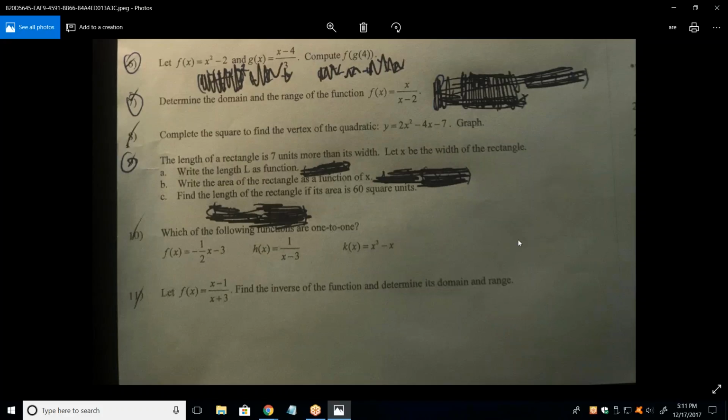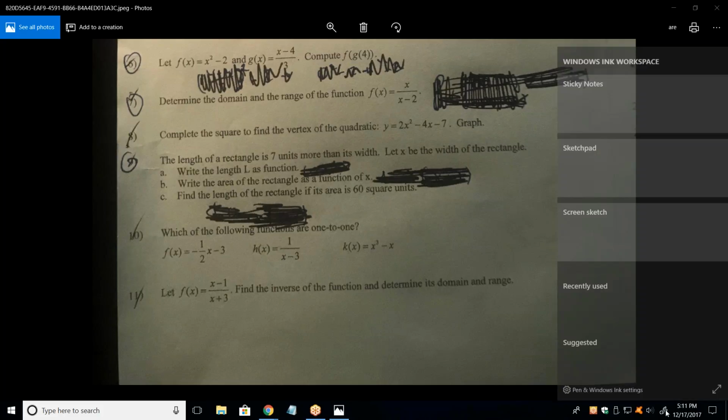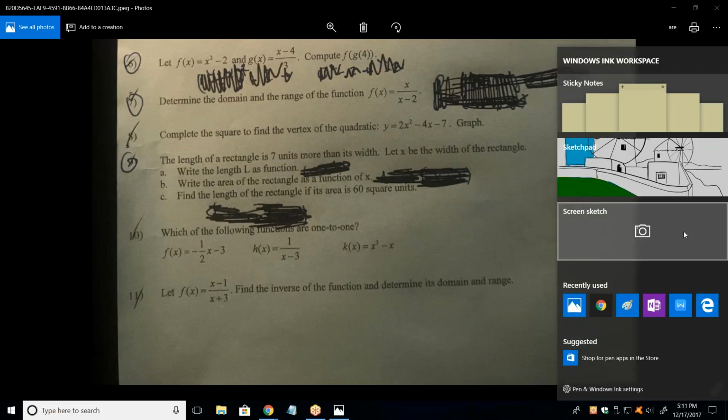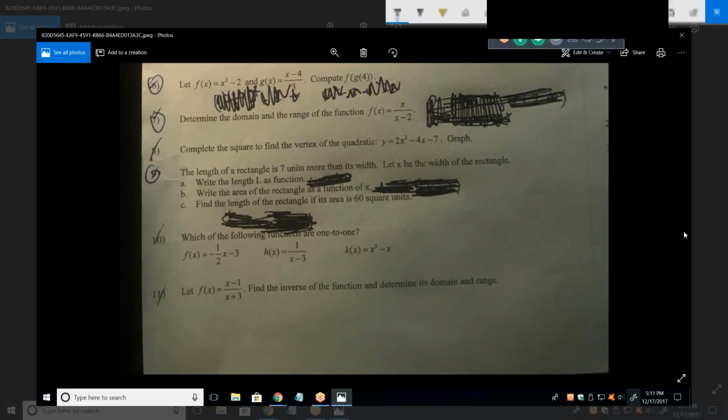All right, let's have a look at number 11. Only two things do you have to do to solve for the inverse of a function? First part. Domain and range are a little different. But to solve for an inverse, what do you do?